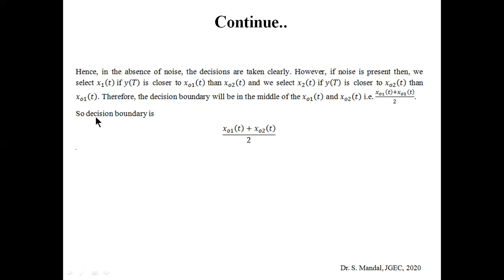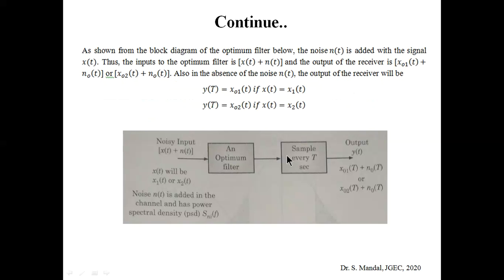That is, the decision boundary can be written as (x01t + x02t)/2. Okay, so that is the threshold, or you can call it the decision boundary. So whenever the output of the optimum filter is closer to x02t, it should be assumed the received signal is x2t.